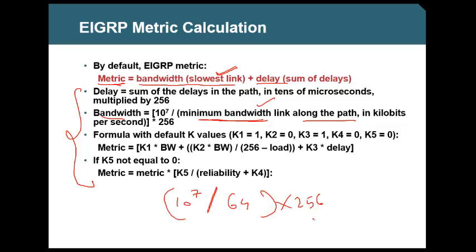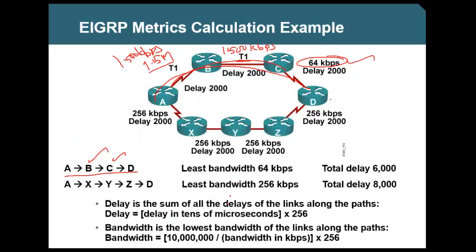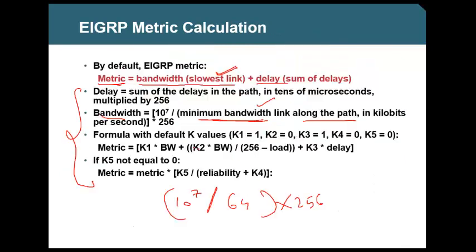That's what you see here. Bandwidth is 64 into 256. And how is the delay calculated? Delay is the sum of delays 2000 plus 2000 plus 2000, which is 6000. Delay is in microseconds, you see. Delay is the sum of delay in the path in tenths of microseconds multiplied by 256, which is like this.